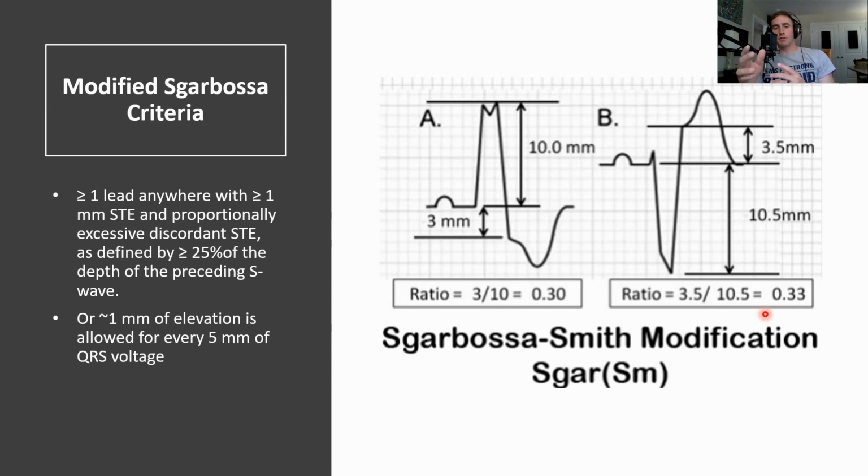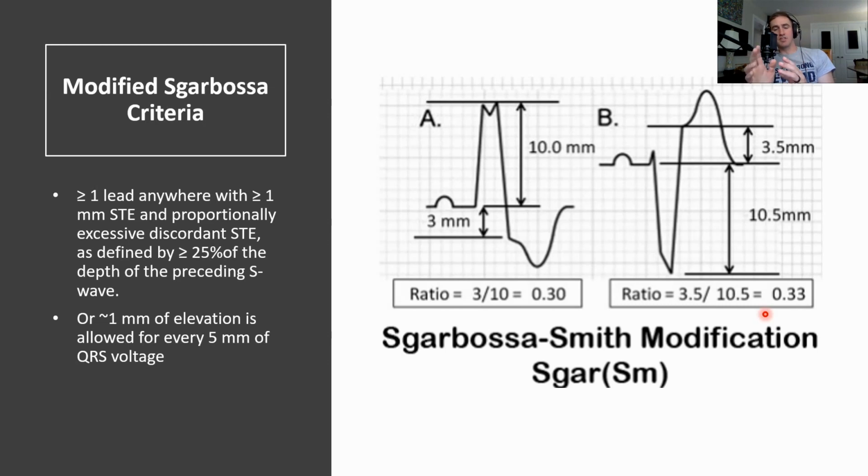So he developed this criteria that is very sensitive and very specific, and Dr. Sgarbossa herself even uses it. The criteria says that if you have one or more leads with 1 or more millimeters of ST elevation that is proportionally discordant, defined as excessively discordant, greater than or equal to 25% of the depth of the preceding S wave, then that is positive for an MI.